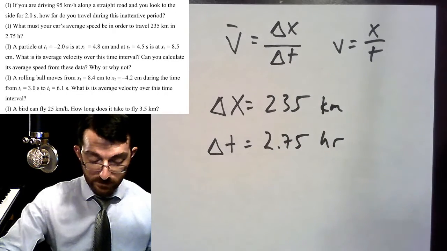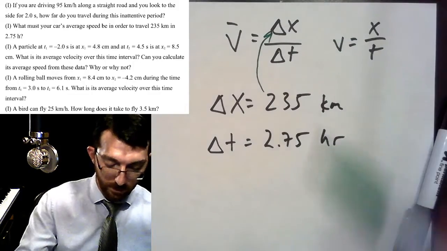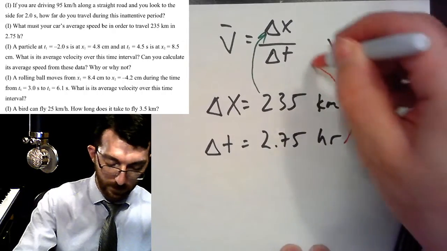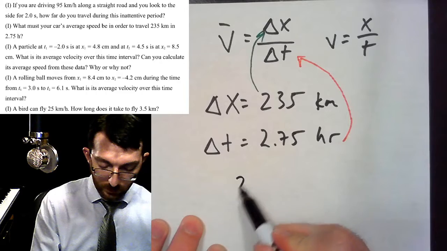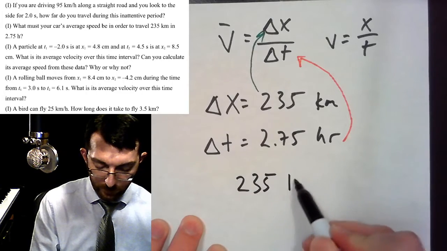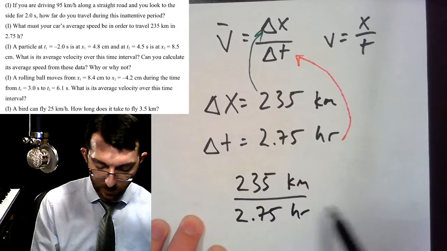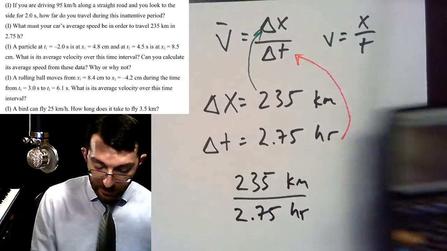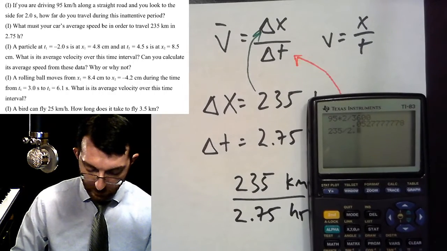Well, this isn't so complicated. We just need to put that in there, and that in there. 235 kilometers per 2.75 hours. I'm going to go ahead and just do that. It's not so hard. 235 divided by 2.75.